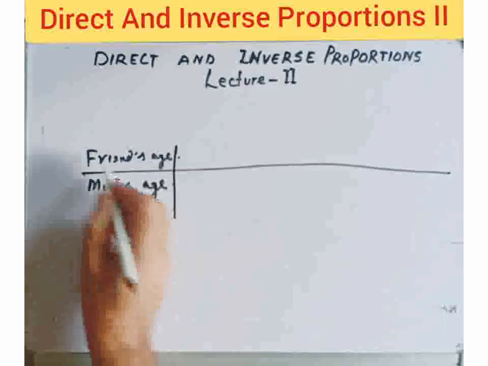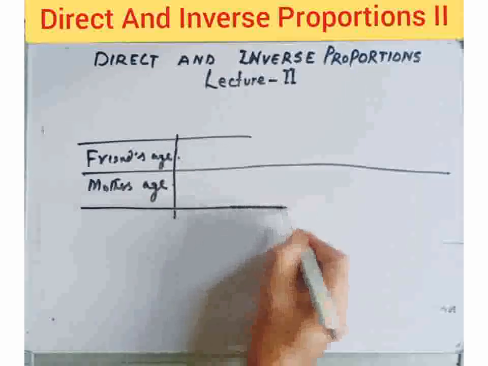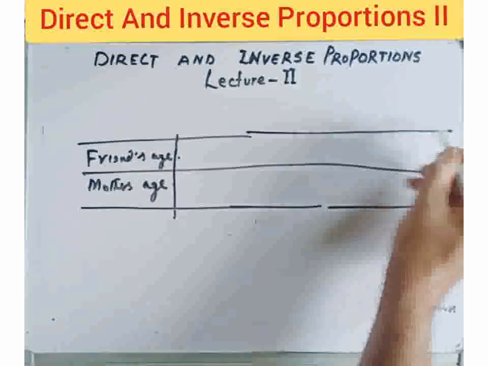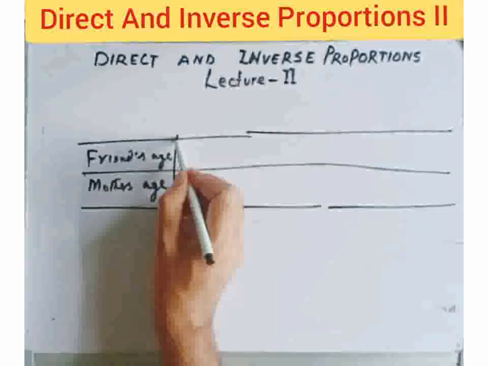Okay, so let's take another example and find out if they are directly proportional to each other or not. Say for example, this is friend's age.